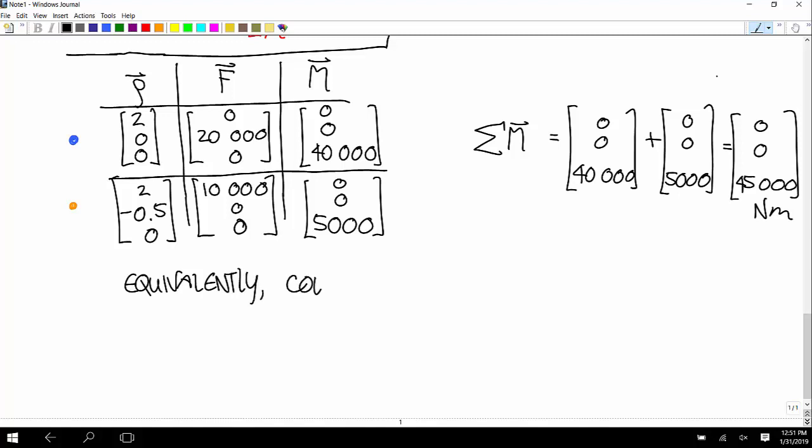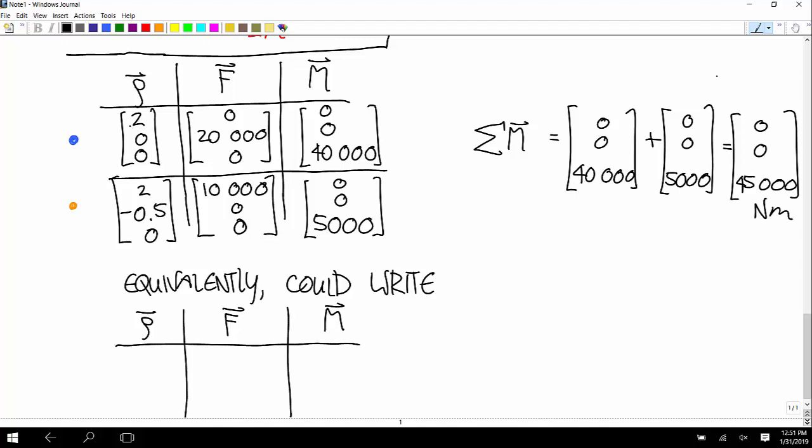Equivalently, you could write this, and this is what we're going to do eventually just to save keystrokes: rho, F, moment. If we're thinking about this as a 2D problem, we can think about the rho vectors as 2, 0, and 2, negative 0.5.